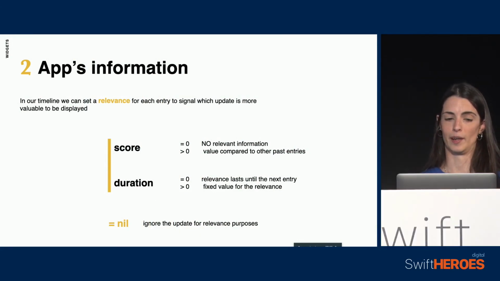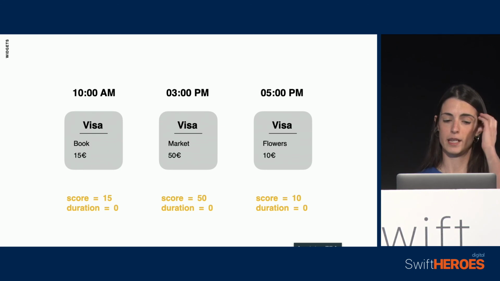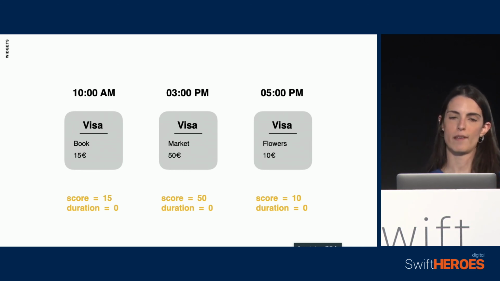So this is the example that we saw before for the transactions. And here you can see that we want to surface the widget when the transaction is higher, of course. So we can give the value of the transaction to the score.